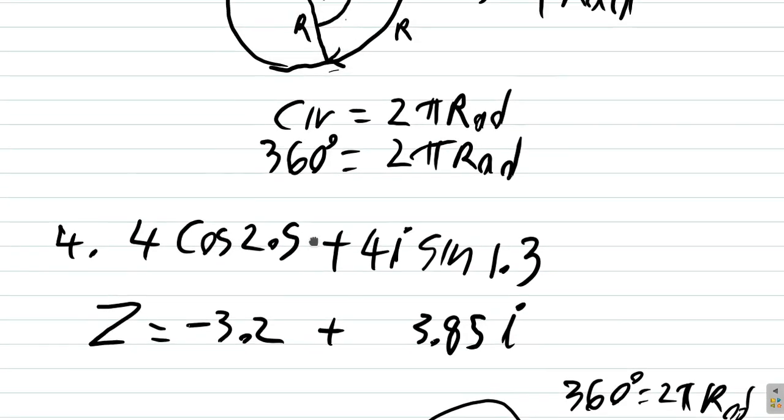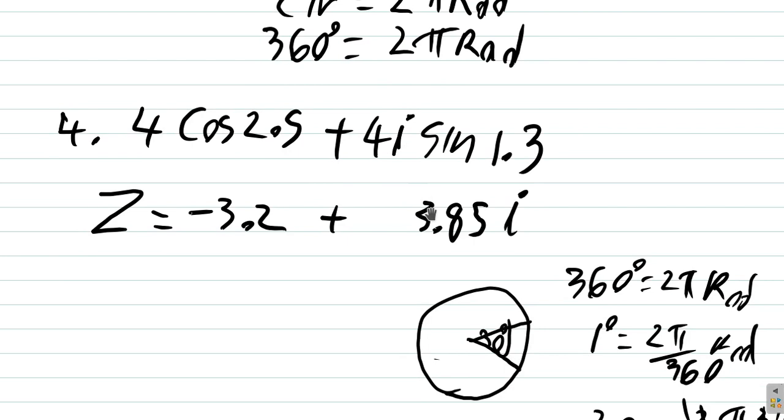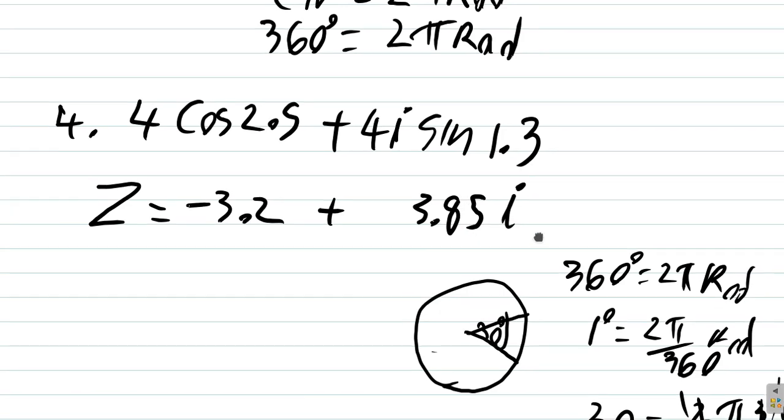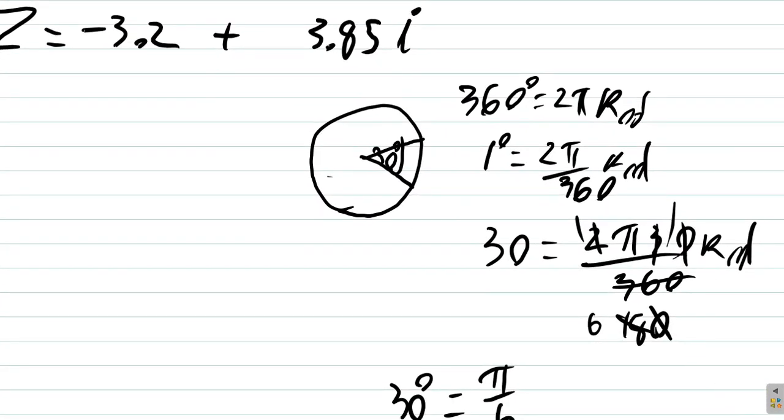So what you do is put the calculator in radian mode, say cos 2.5, then what you get, you multiply by 4, plus I times sine 1.3, and what you get, you multiply by 4. Alright? So, that's what we have.